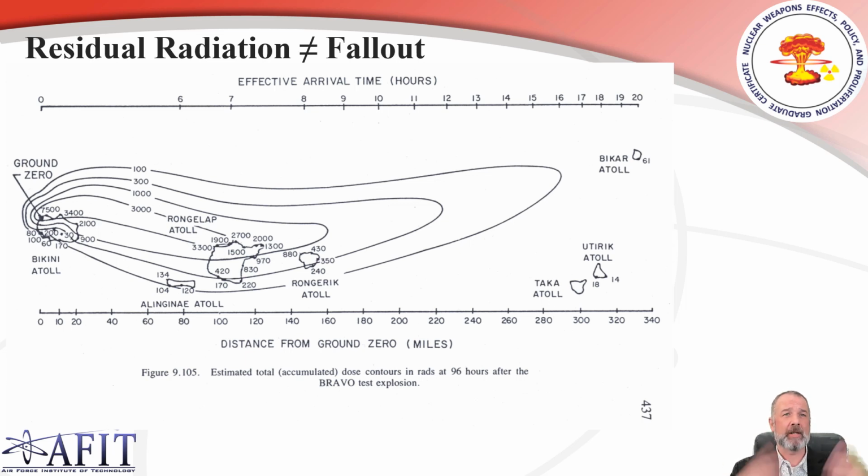But this is like rocks and things that weren't vaporized from the ground. Stuff gets stuck to them, they immediately fall back down. And we can see that when we look at the residual radiation, it has its highest point directly at ground zero. So this is, again, stuff collecting radioactive material from the cloud and immediately falling down.